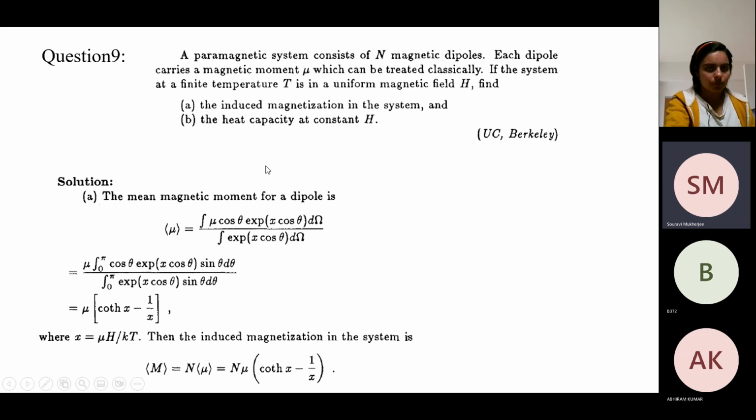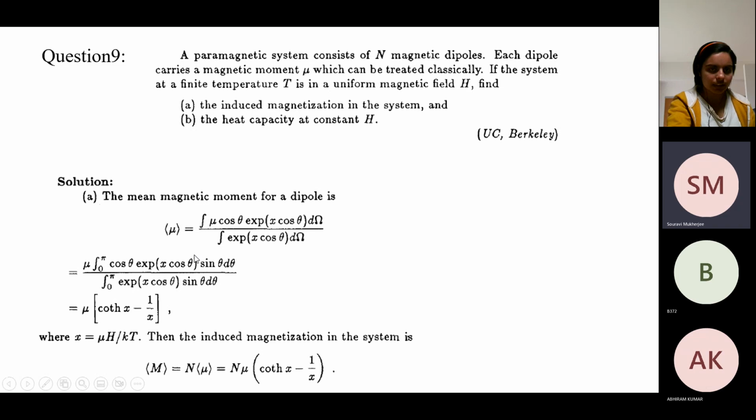Once you find the mean moment, what you have to find is the magnetization, and you have N dipoles. So you do N into the mean magnetic moment for one dipole, and this is your induced magnetization. You don't have to go through the entire process of finding the partition function, then the free energy and all of that.